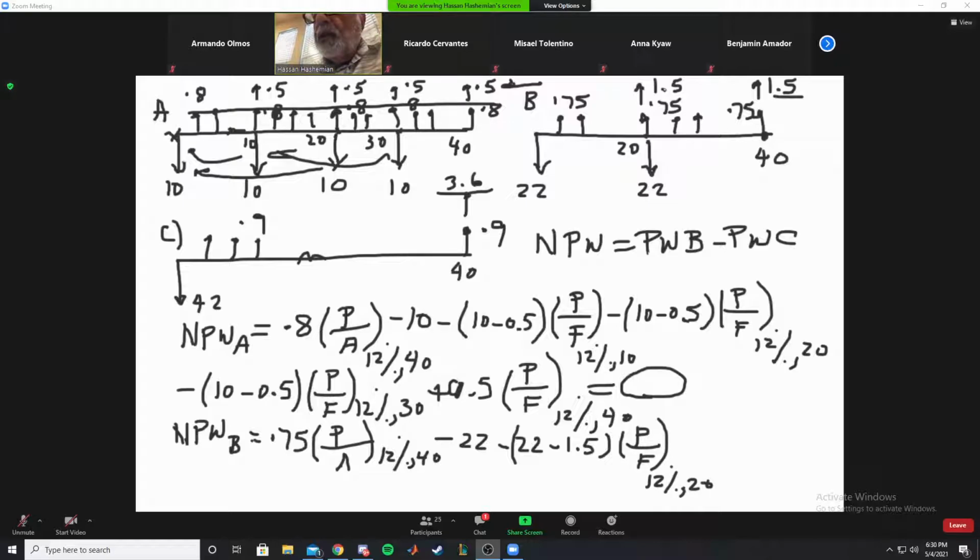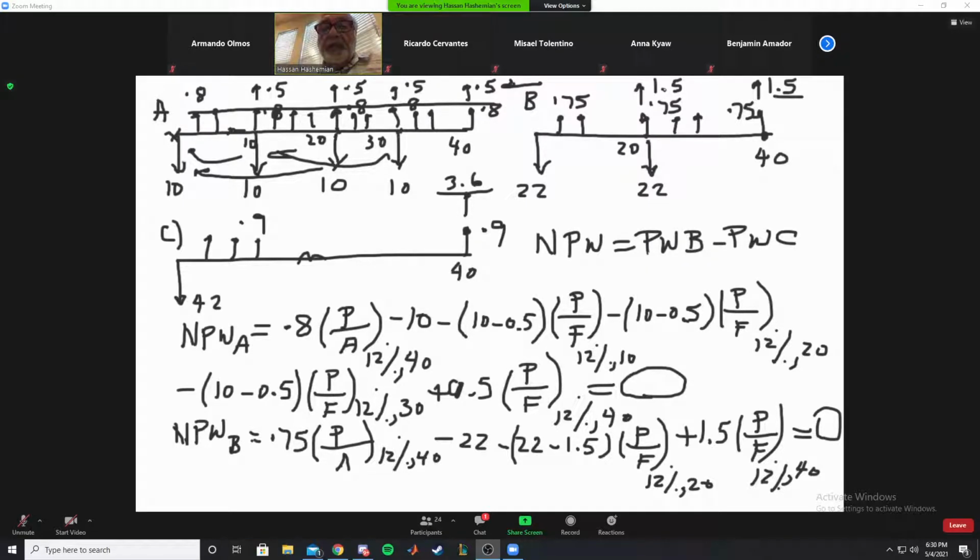And the last one would be plus 1.5 million times P over F at 12% and 40 years, equal to. So you do that calculation and you get a number for that.